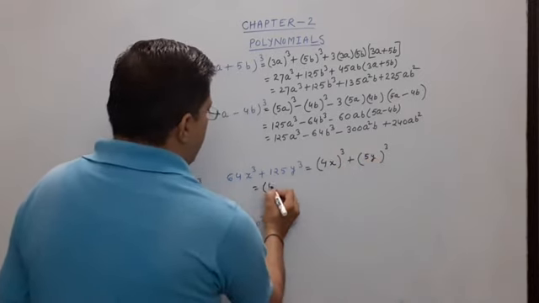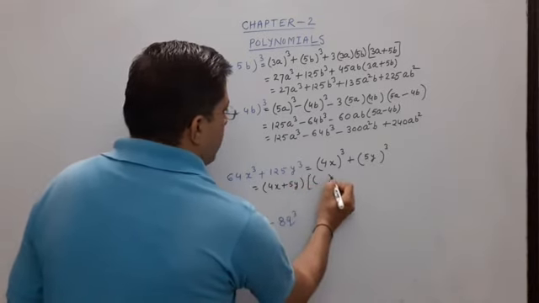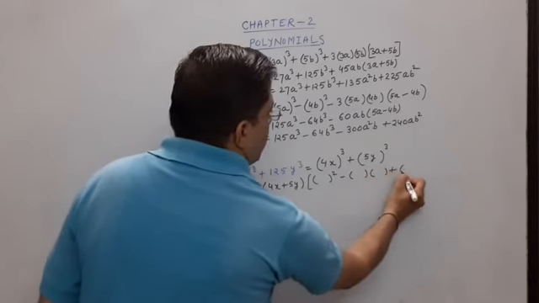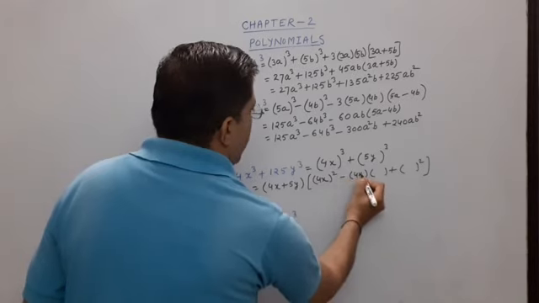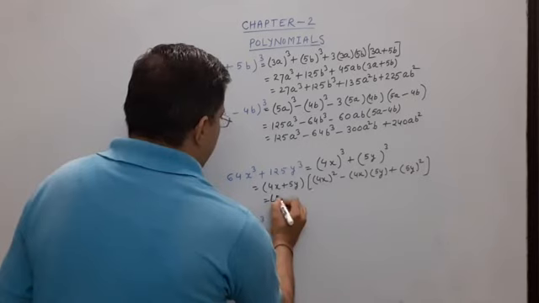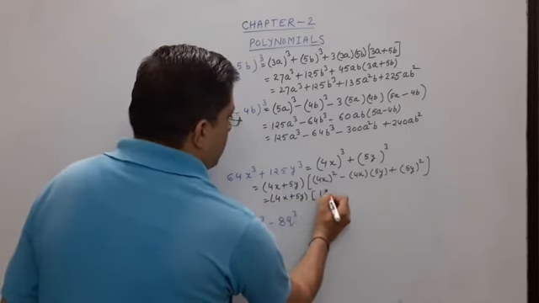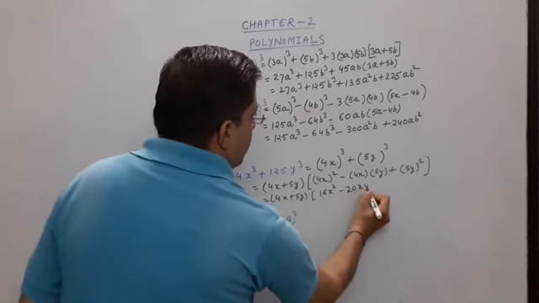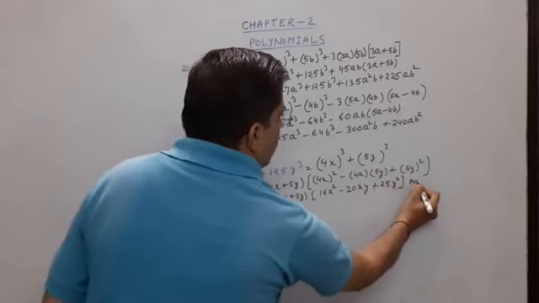That is (a plus b), then (a square minus ab plus b square). What will come? 4x plus 5y will come here. Then here 16x square, 5 fours are 20xy, plus 25y square.